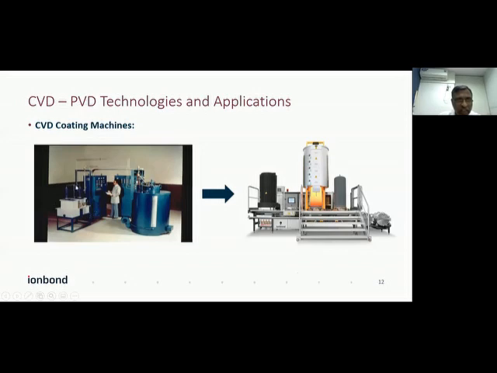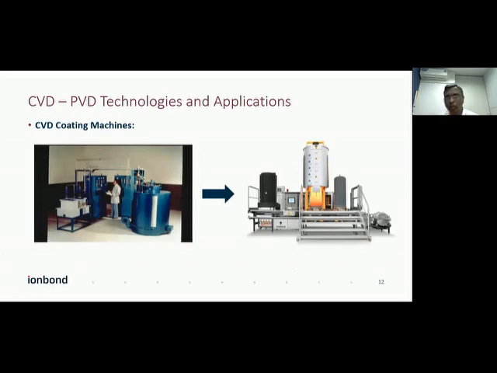And this is the chemical unit to neutralize the byproduct of this process. So this is a very old setup, and over a period, around 2010, very sophisticated machines started being manufactured and used in the industry.